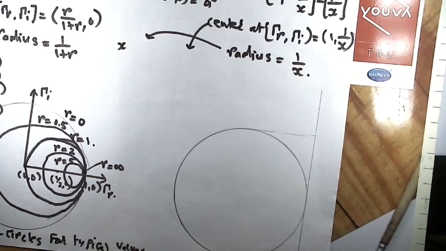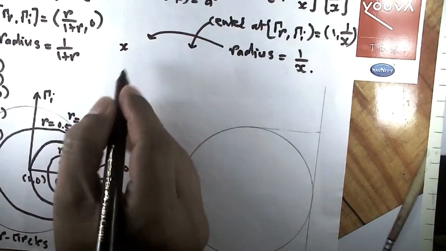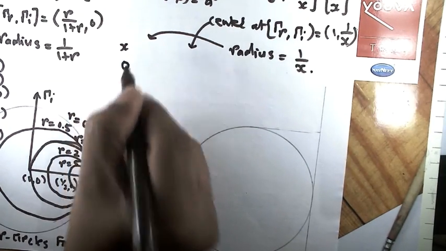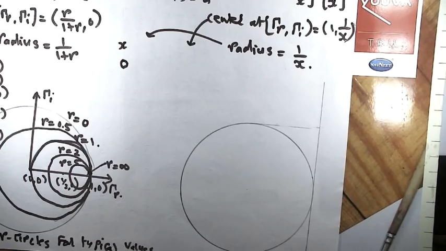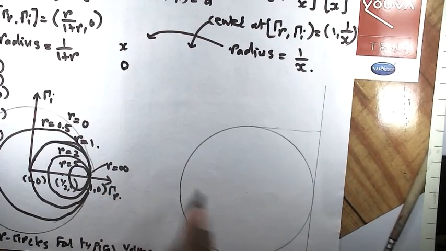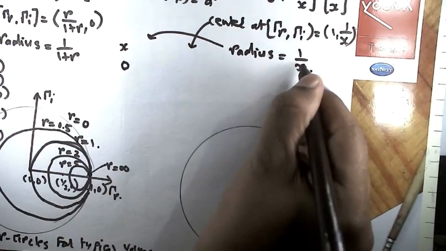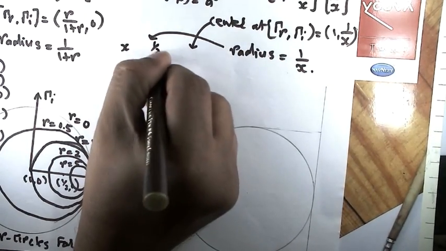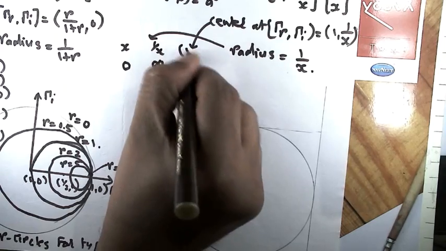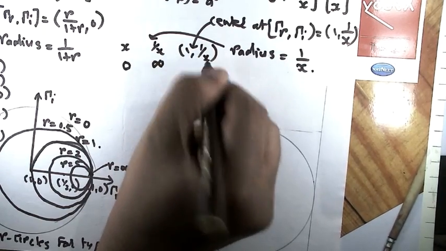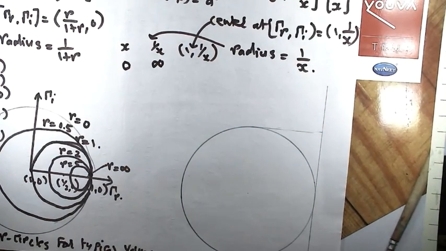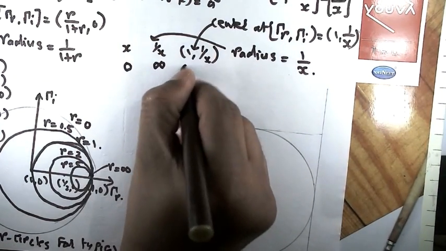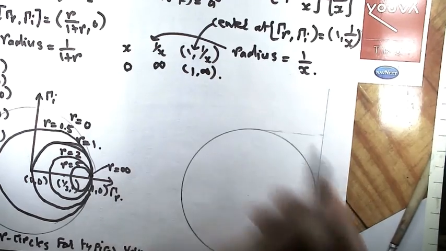Let us take one case where x equal to 0. Then the radius 1 over x becomes infinite, and the point at which we have to draw this circle becomes 1 comma infinite.